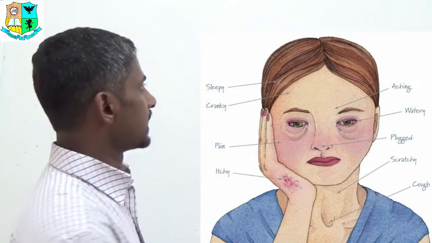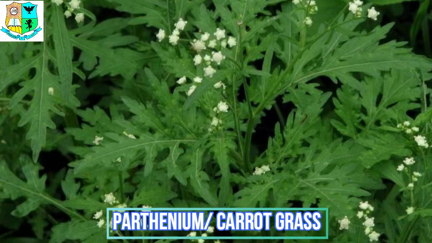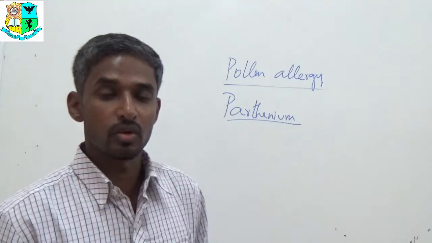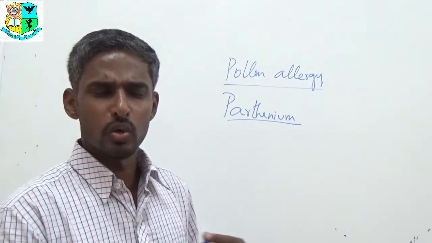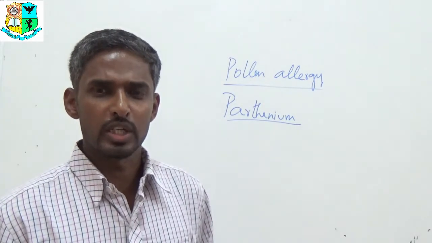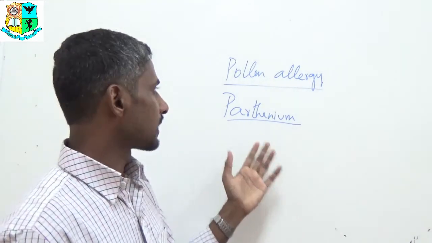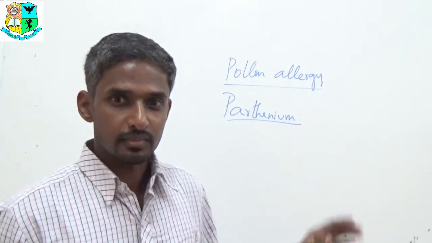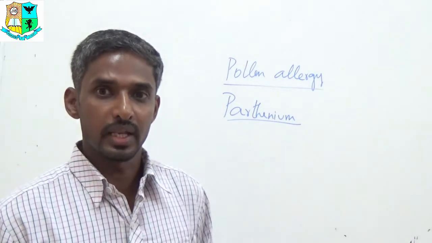One best example is a Parthenium. It's also called as carrot grass and commonly known as Congress gida. And it grows in any environment and is also ubiquitous and it is found everywhere. So everywhere the Congress plant or the Parthenium grass is found. And the pollen grains of this grass causes allergy.